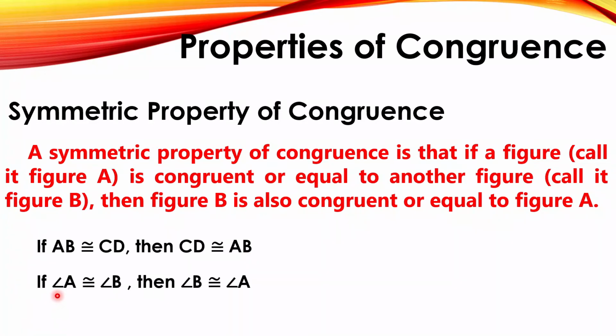Next, if angle A is congruent to angle B, then angle B is congruent to angle A.